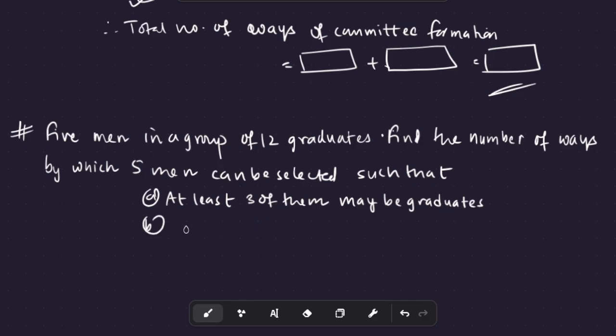B: the number of ways such that at least three of them are non-graduates.